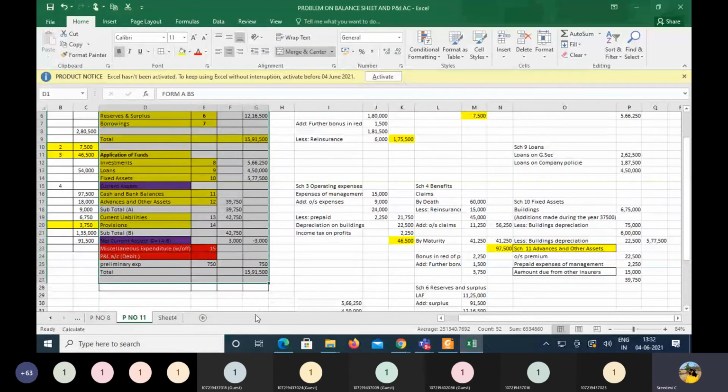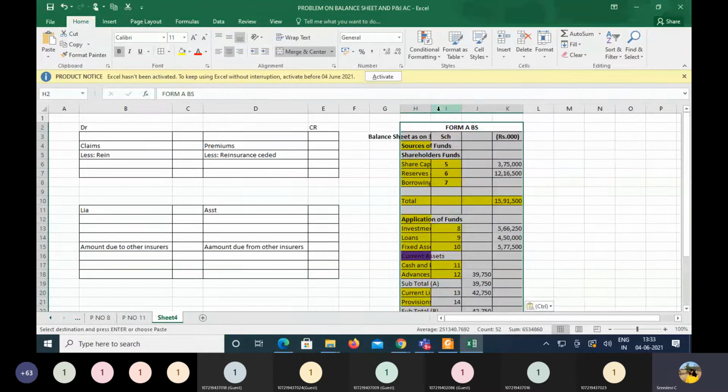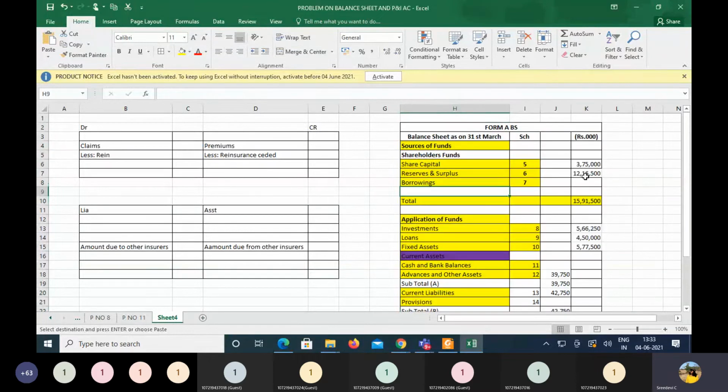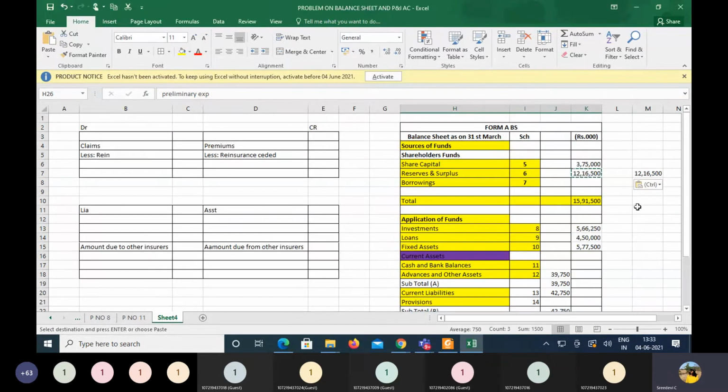I'm not doing anything. Let me put it in a different sheet. Right. So what is the total here of reserves and surplus? 12 lakhs 16,750. From this we are going to minus this 750 towards the preliminary expenses. So if you minus preliminary expenses here, equal to this minus.